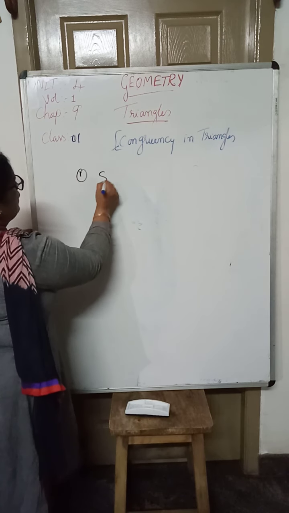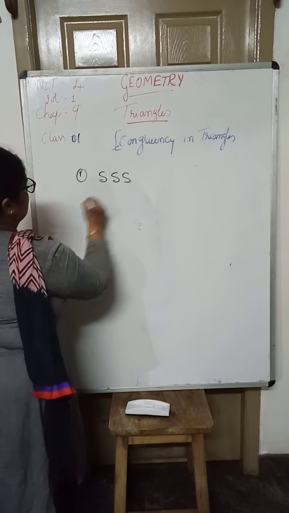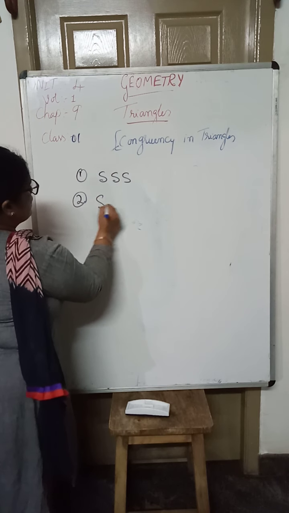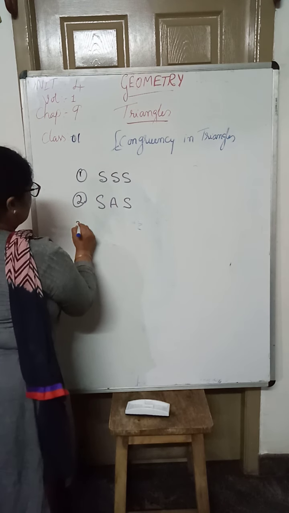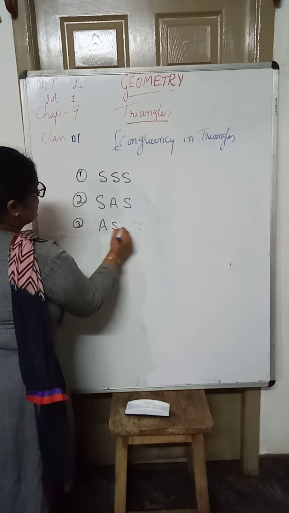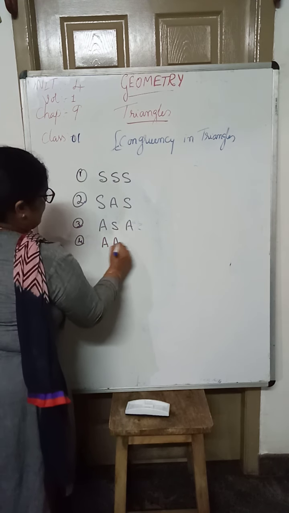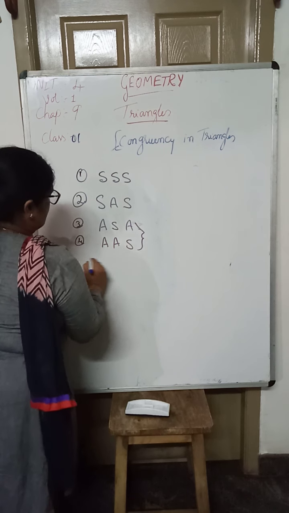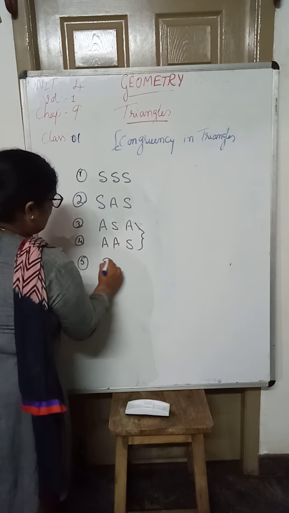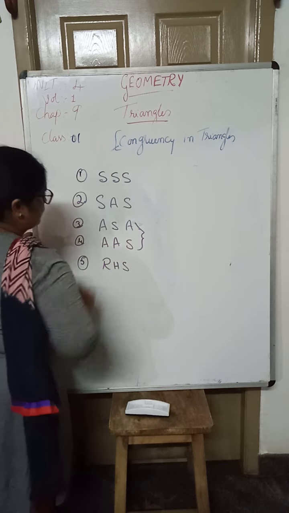First one, SSS. Second one, SAS. Third one, ASA. Fourth one, AAS. These two are related. Fifth one, RHS.